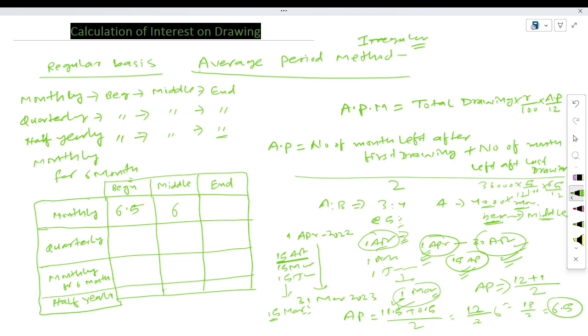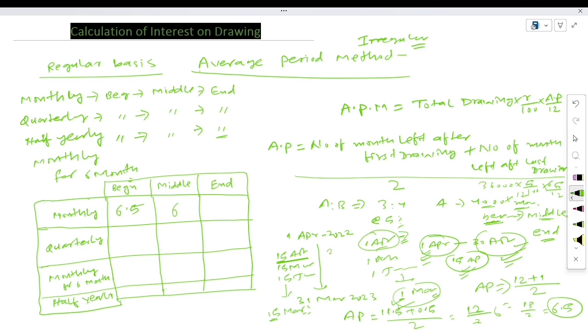The main task here is the calculation of average period, nothing else. All the concepts are simple, only the calculation of average period needs a little understanding. Now see here, if the partner withdraws at the end of the month, then what would happen?